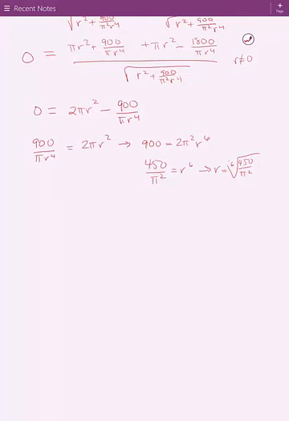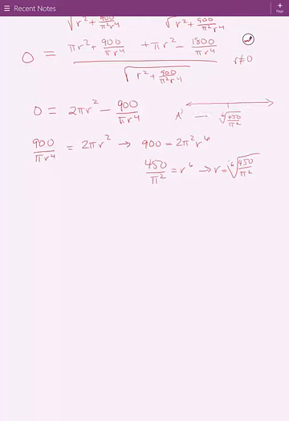Now we just need to show that's a minimum. So we're going to draw our number line, plot that value, the 6th root of 450 over pi squared. And I'm going to pick something that is less than that, like say 1, and plug that in for the r. And when I do, I'm going to see that this derivative is negative.